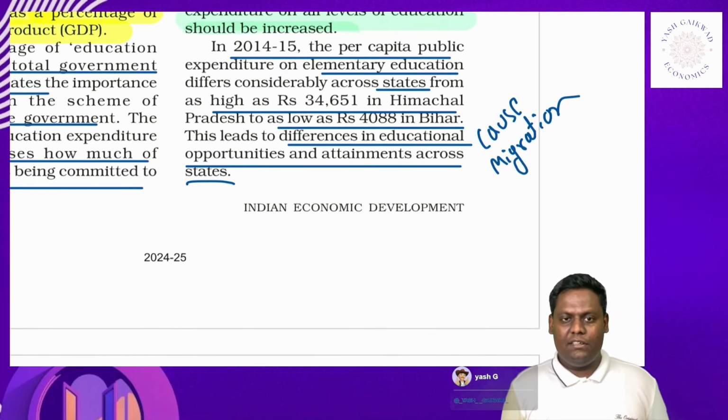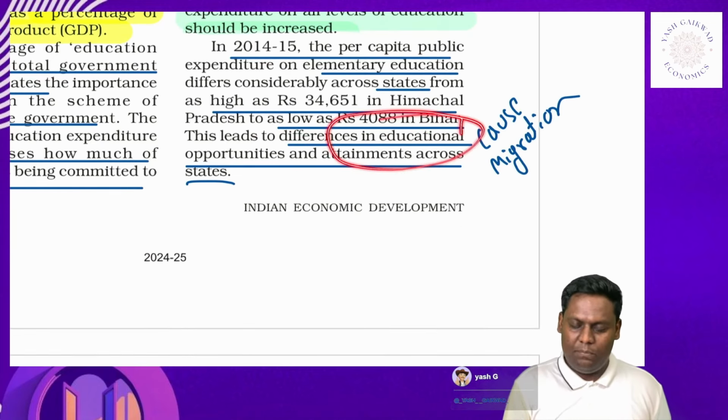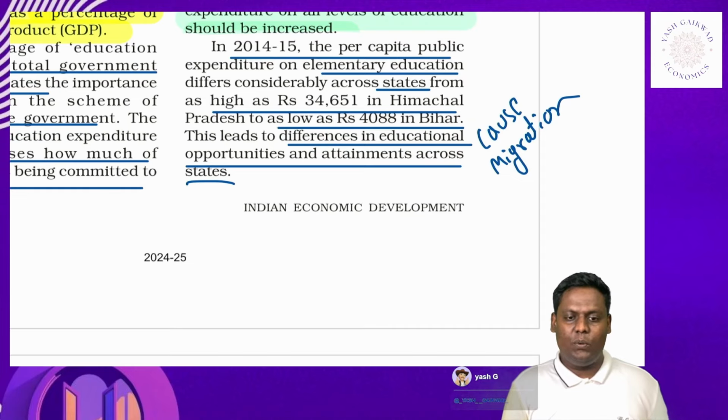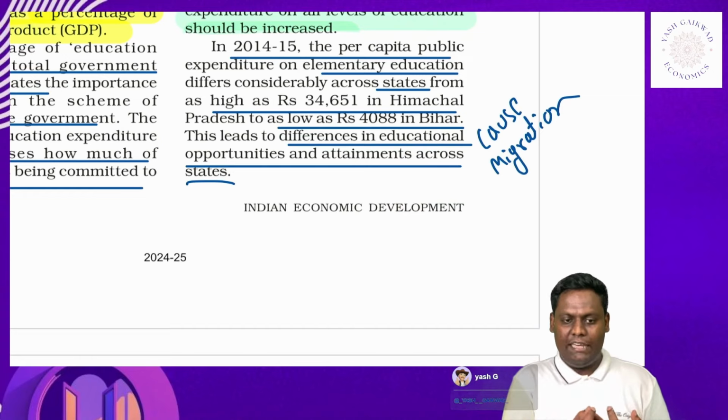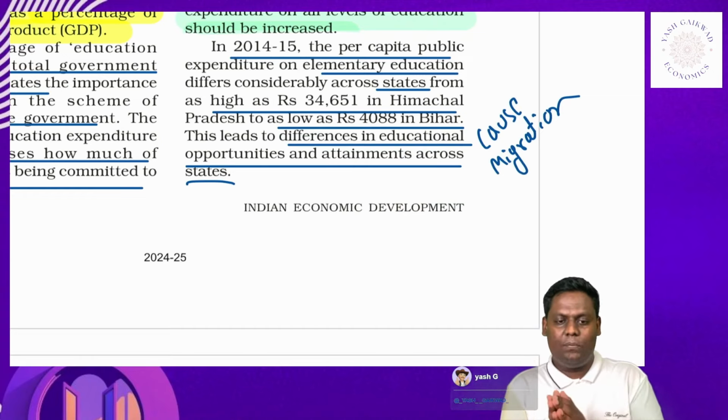As a result, if the population in Bihar is not getting adequate education, it will not be highly productive and will not be able to generate any manufacturing units, or they will always be job seekers rather than job creators.